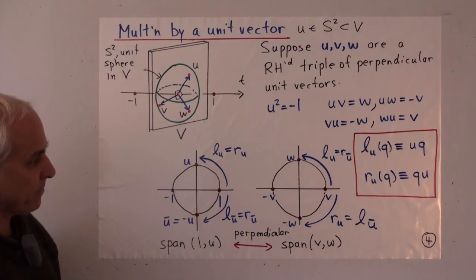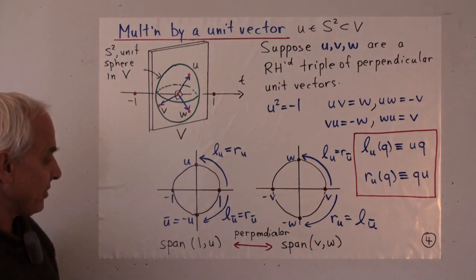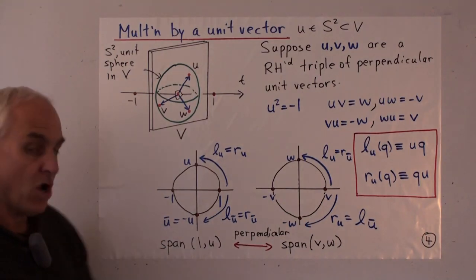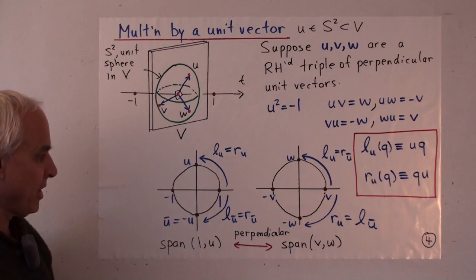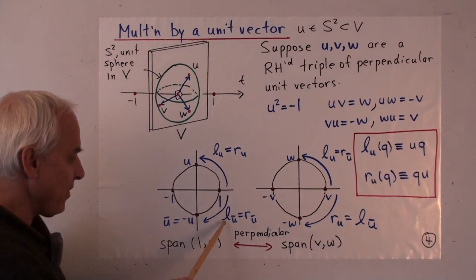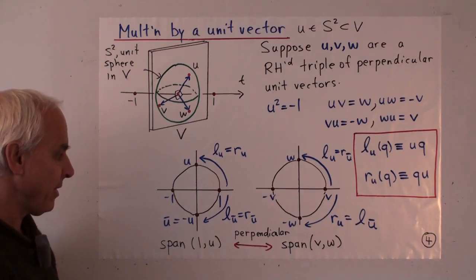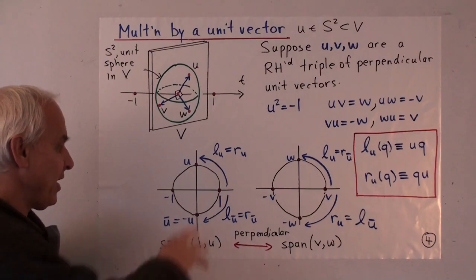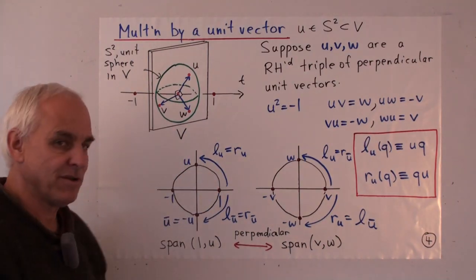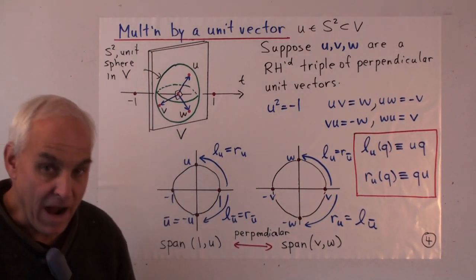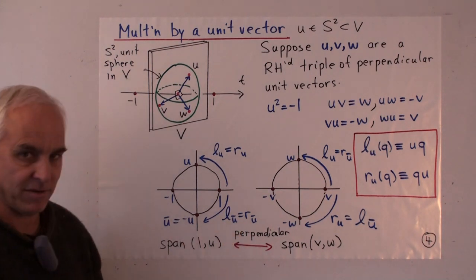It's also useful to think about the conjugate of u, which in this case is just minus u. So if I multiply on the left by the conjugate u bar, which is minus u, the action is to rotate by a minus quarter turn, which is the same as multiplying on the right by u bar.